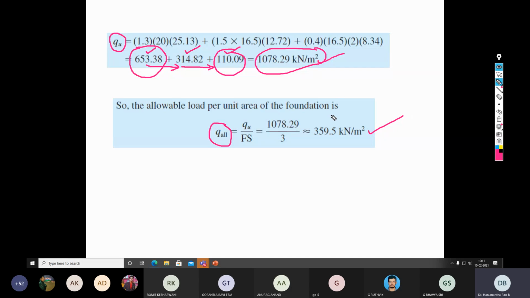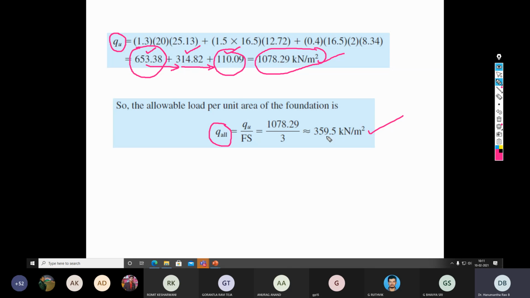Now what is the meaning of these two? The fundamental meaning is that if we apply a stress of 1078 kilopascals, beyond this value the soil fails. Now what is the meaning of 359? I can apply a stress up to 359 kilopascals safely.